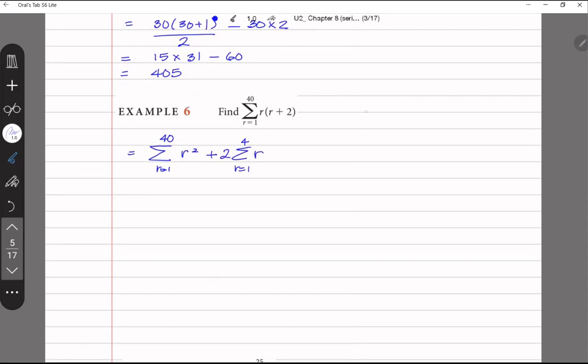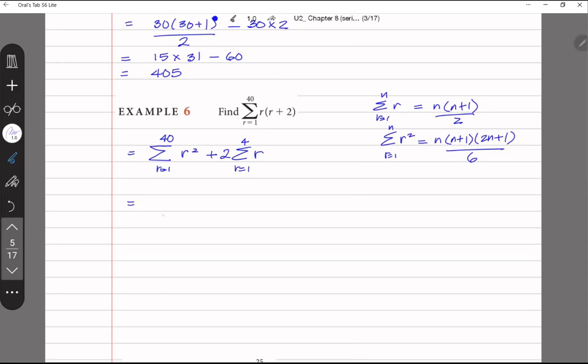Again, these are our formulas: the sum of r is n into n plus 1 over 2, and the sum of r squared, I think, is n into n plus 1 into 2n plus 1 all over 6. Am I correct with that? Is it correct?